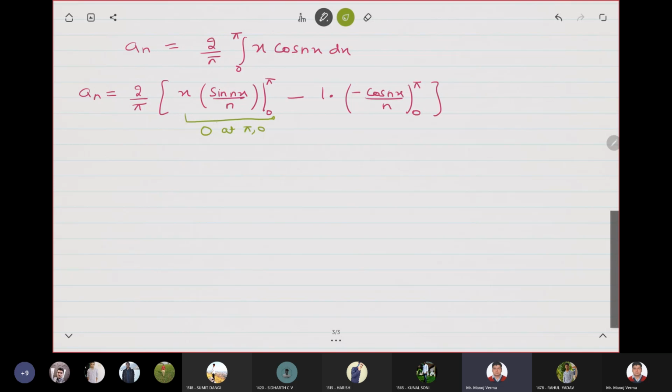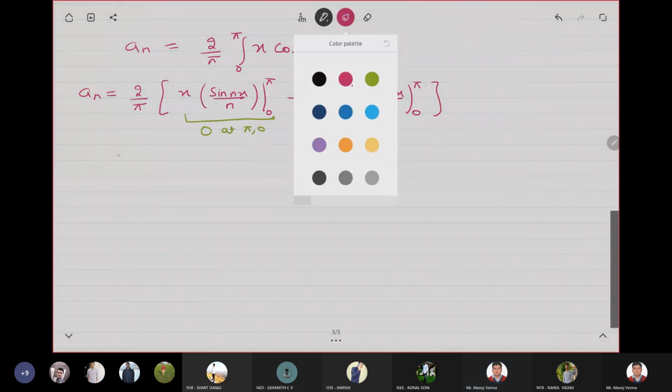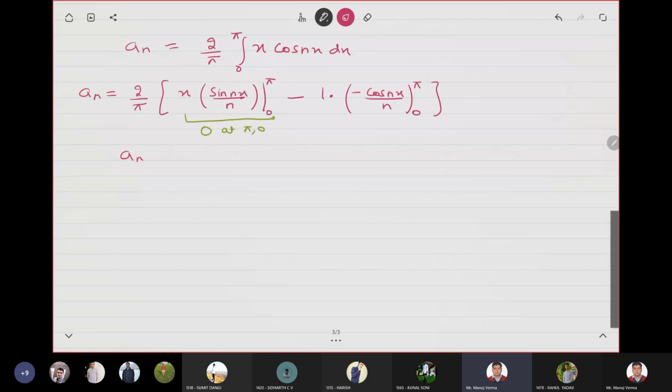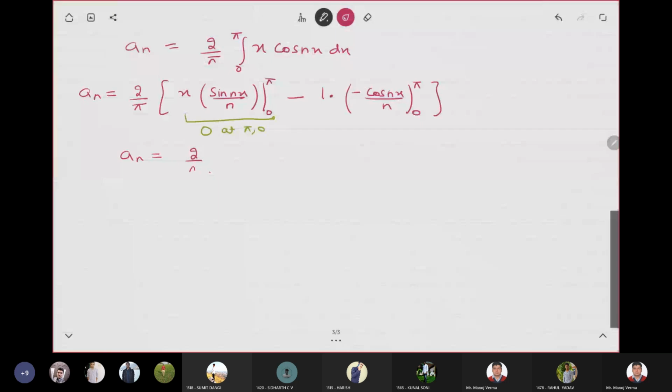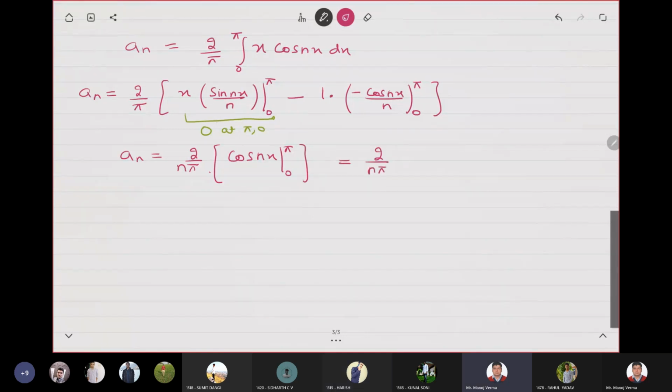And this second term will give us some value, 2 over pi. This minus will become plus, and this will be cos nx. I am taking n outside, cos nx in pi to 0.